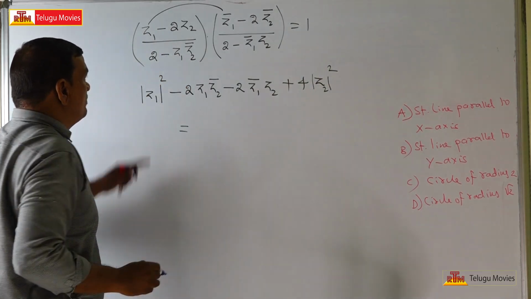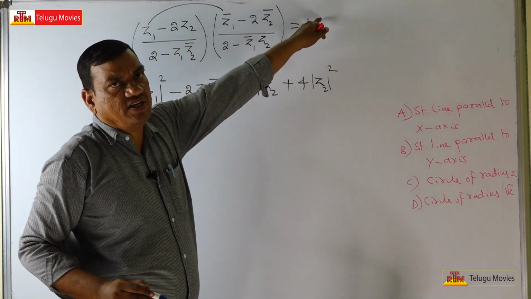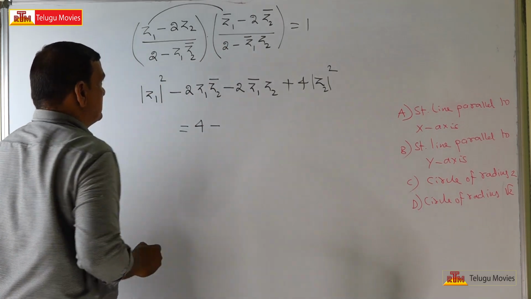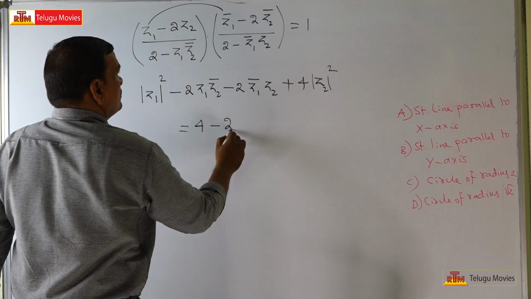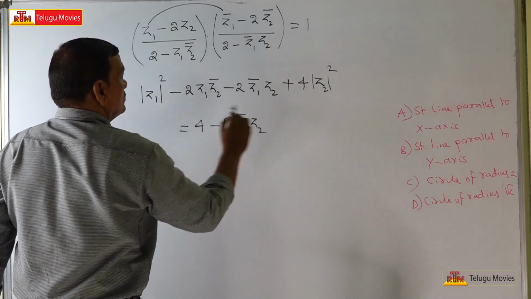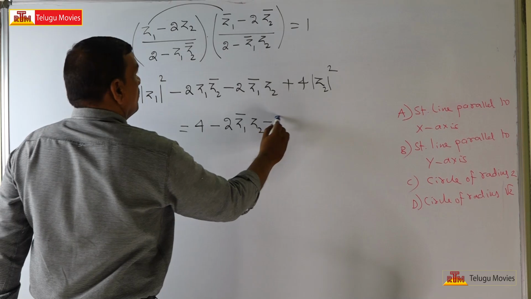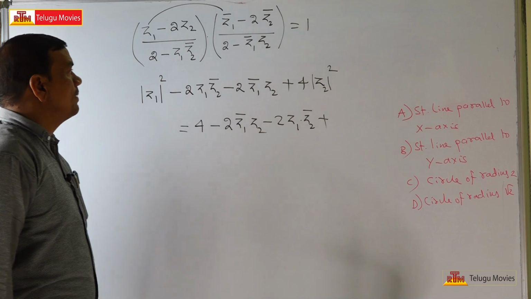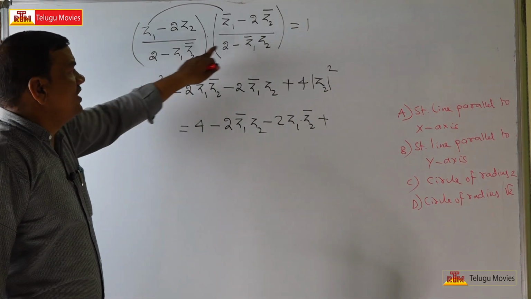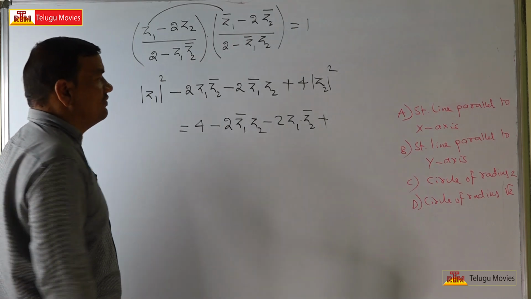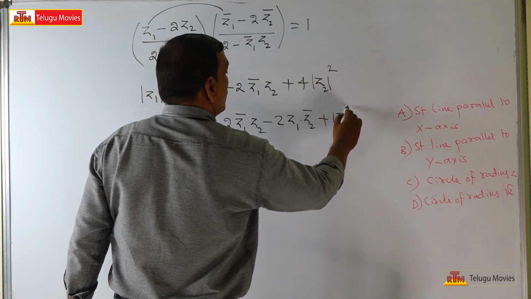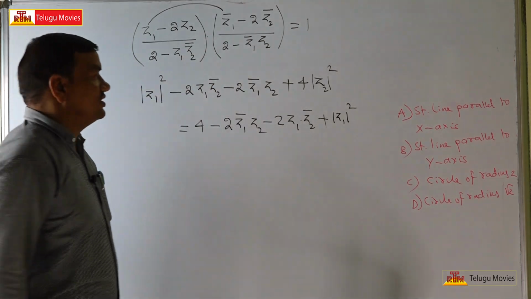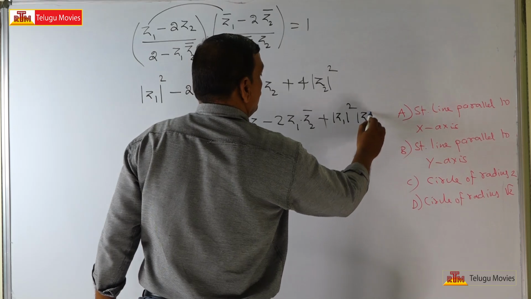If you take the cross multiplication at a time, 2 twos are 4, minus 2 times z1 bar z2, again minus 2 times z1 into z2 bar, plus z1 into z1 bar, which is modulus of z1 whole square, and z2 into z2 bar, which is modulus of z2 whole square.